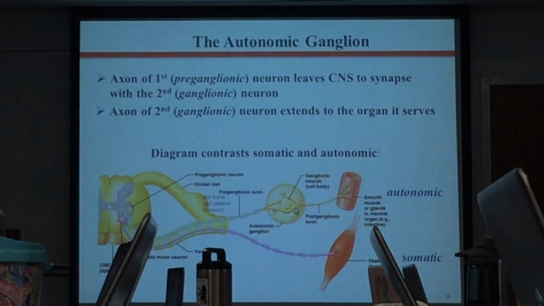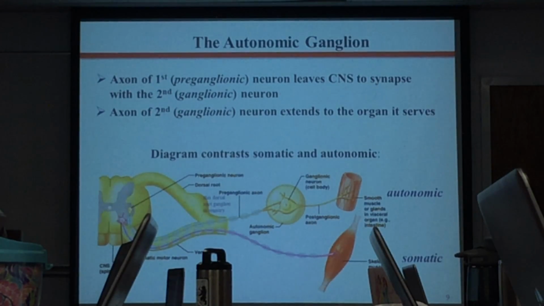This second neuron projects directly to the effector, which is the organ. There are receptors on the organs. Once the transmitters are released, you can either activate or inhibit the receptor, causing muscle constriction or relaxation, depending on what receptor and what neurotransmitter we're talking about.